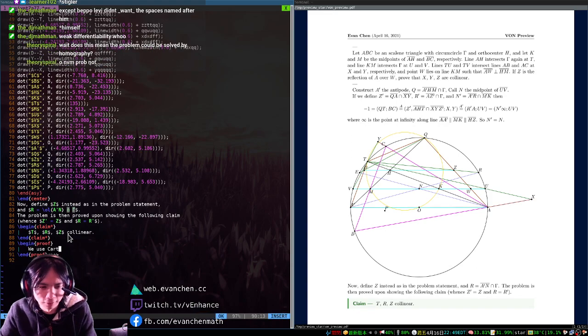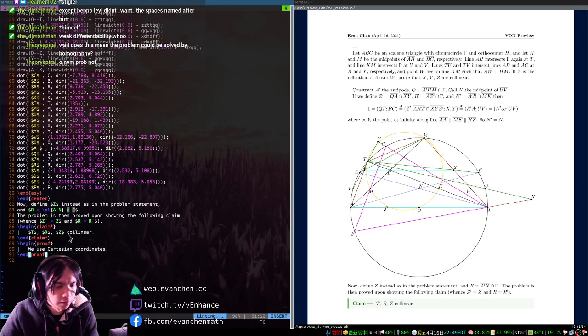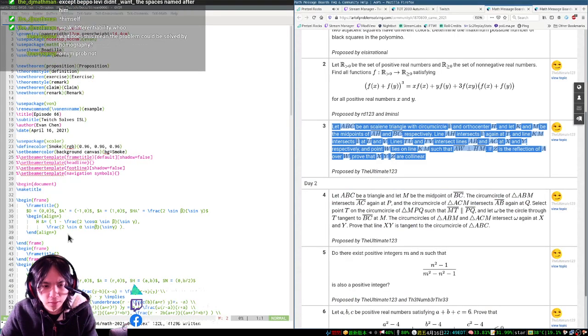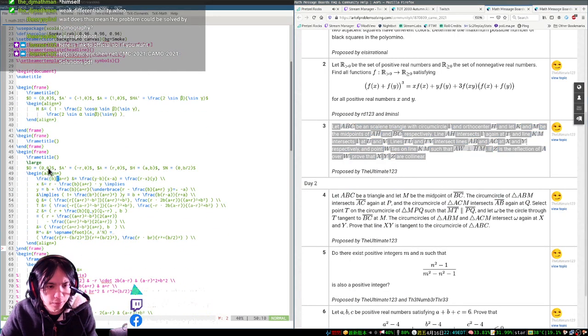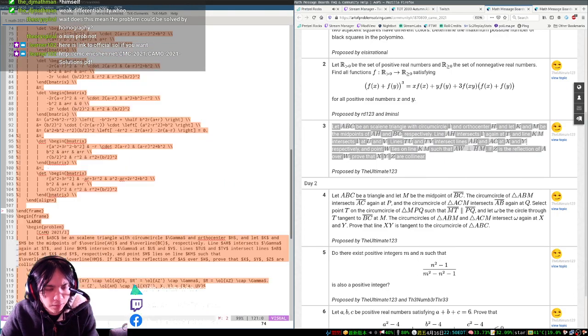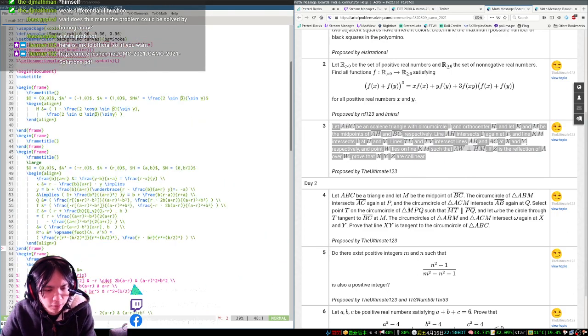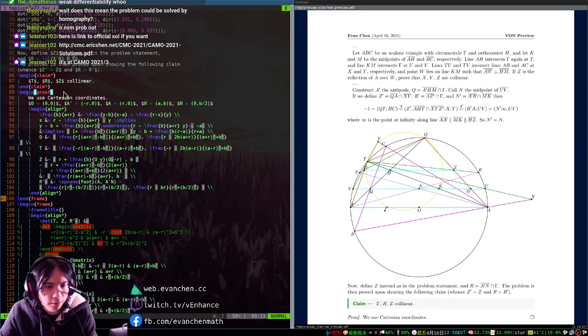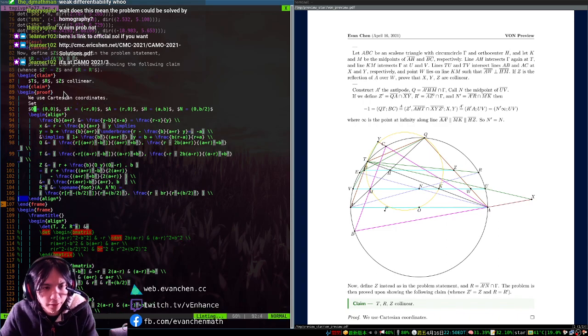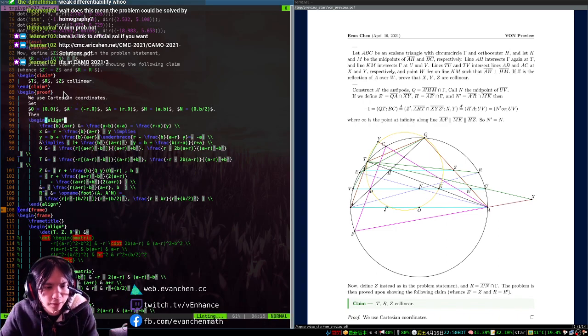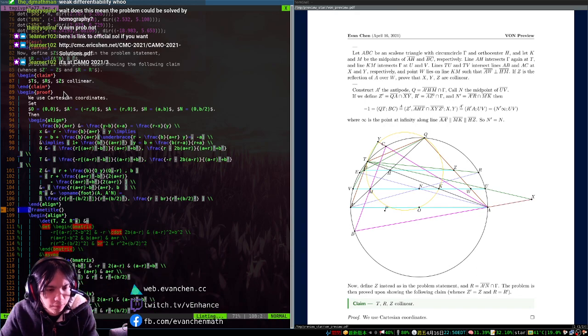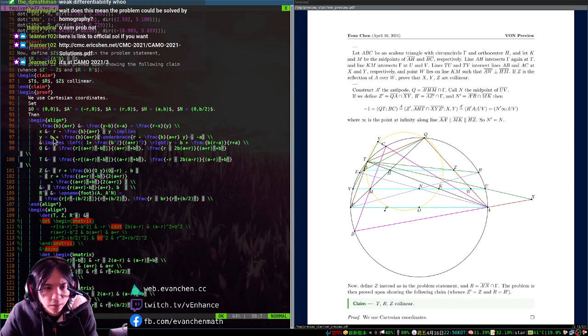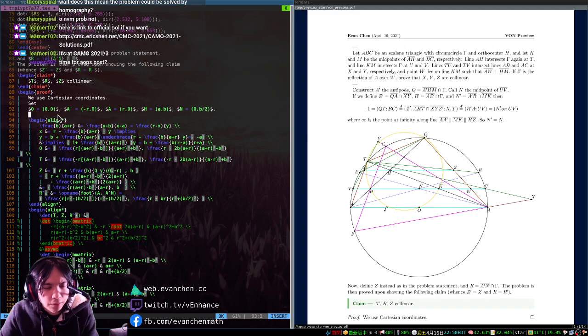So we use Cartesian coordinates. To compute q, we let q equals xy.